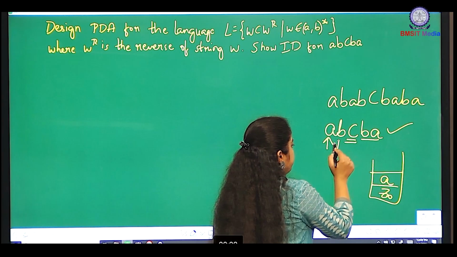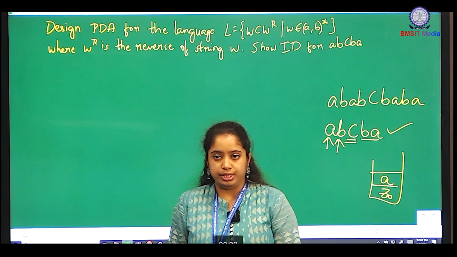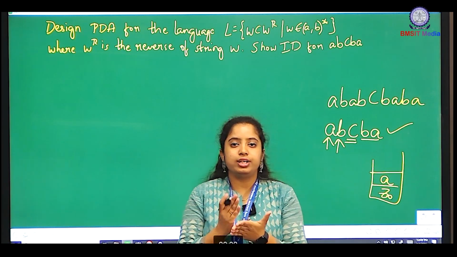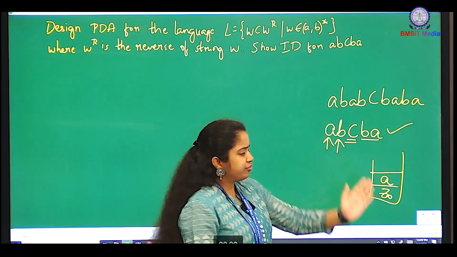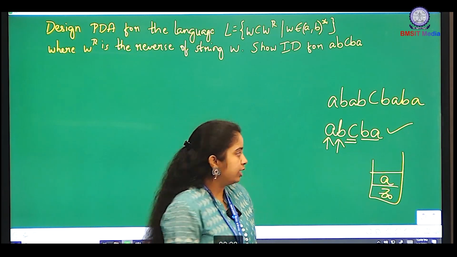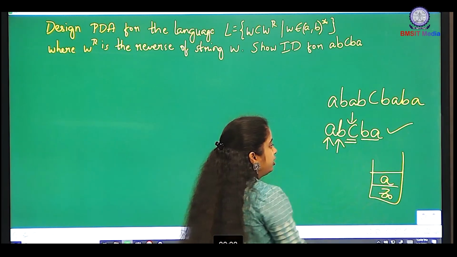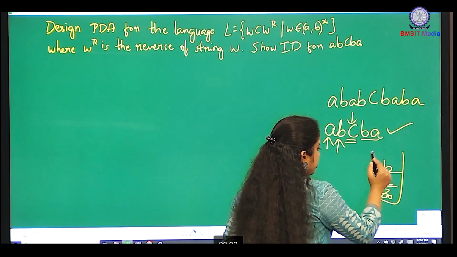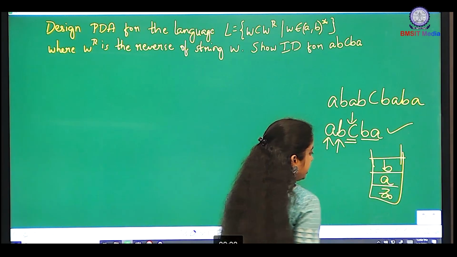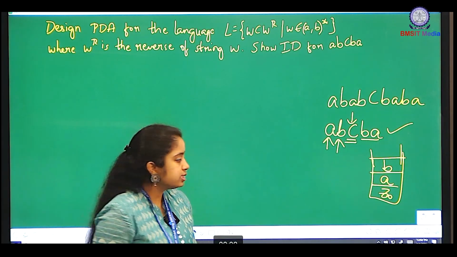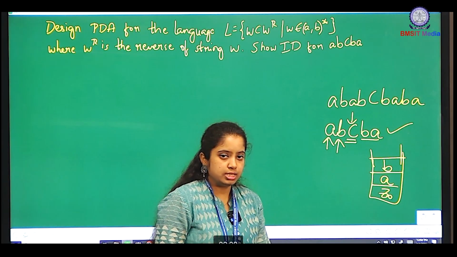Now you are reading B. Unlike pushing or popping different elements, you will simply push everything to the stack until you encounter C. Let it be any order of A's and B's, you will simply push into the stack.